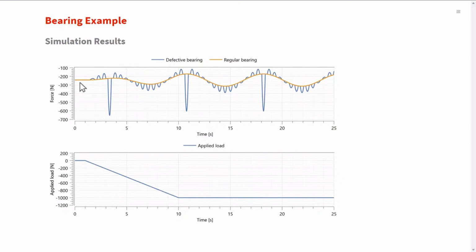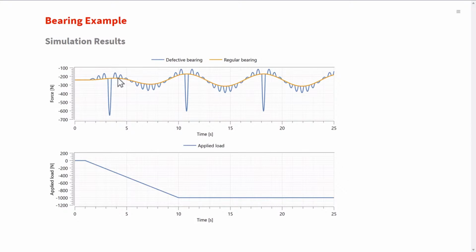This practice ensures that the rollers are always under compression and don't move around freely between the outer and inner cage. For the regular bearing, the force applied by the outer cage fluctuates periodically with the roller's rotation, increasing as the roller descends and decreasing as it approaches the 12 o'clock position.